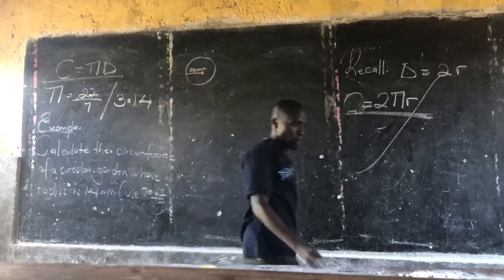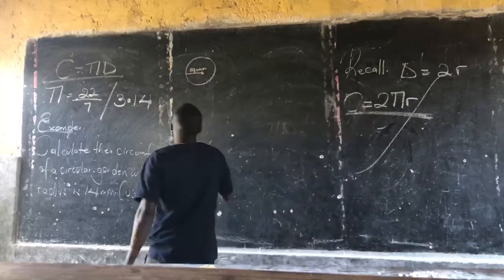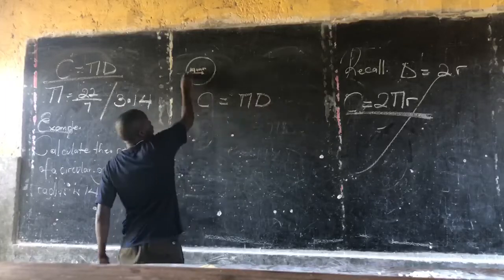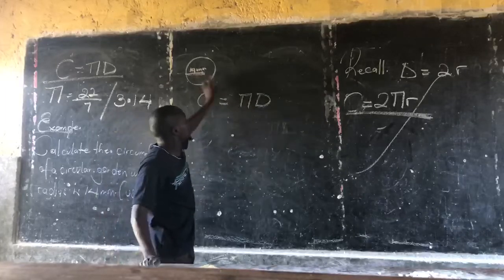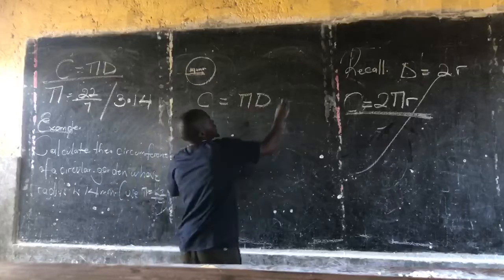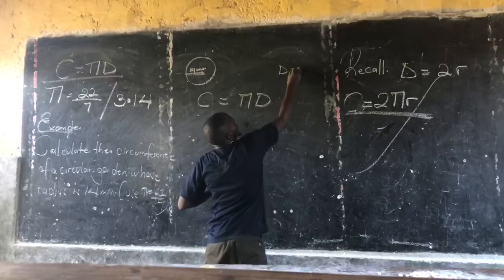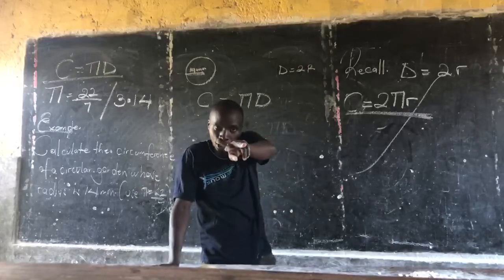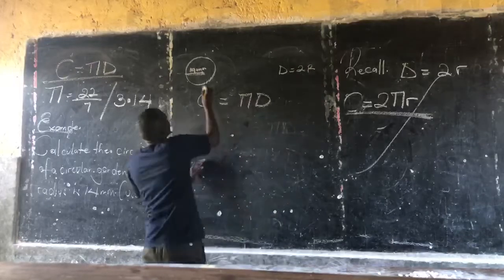So what do we say here? Circumference is pi times diameter, not the radius. And so let us first get the diameter. Remember, diameter is 2 times the radius.